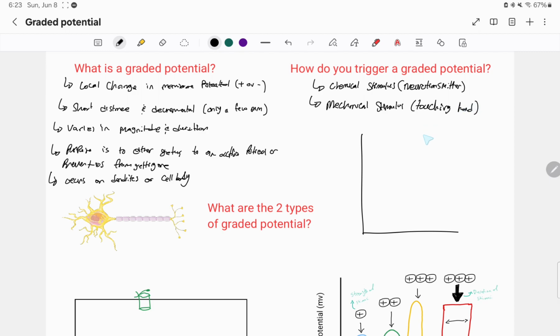Let's say this is a skin cell, and I touch my skin. How can I feel that I'm touching my skin?